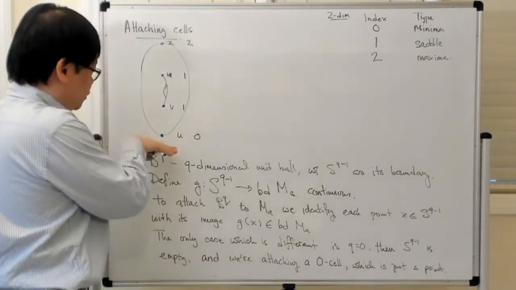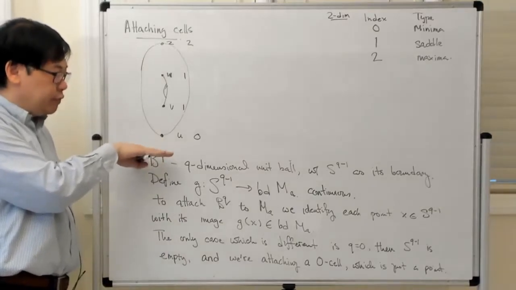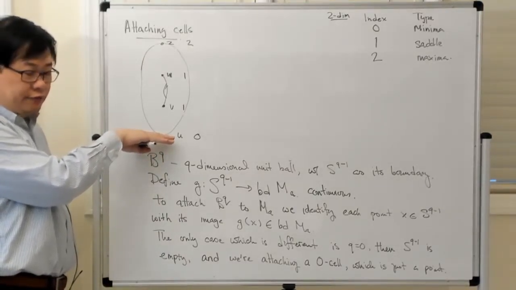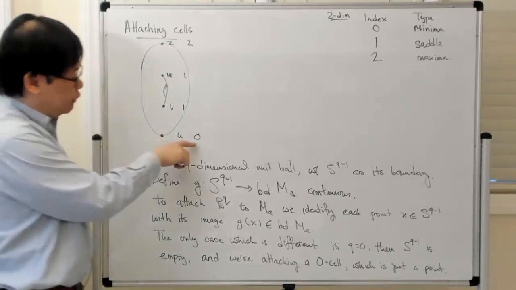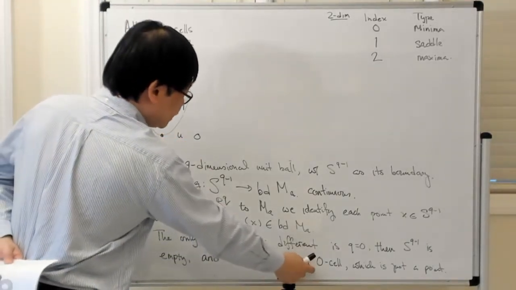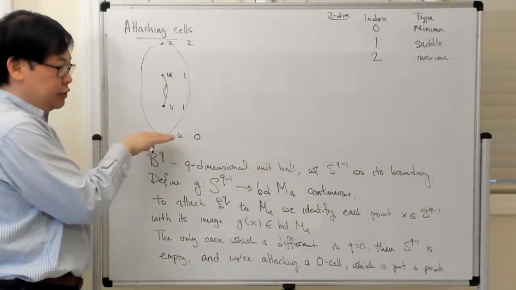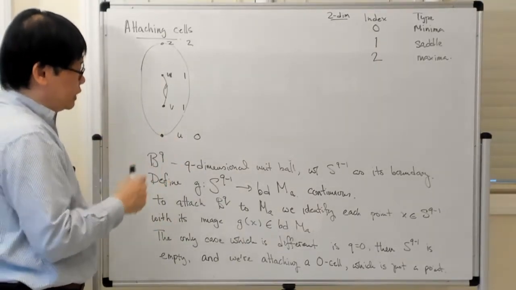So as you go from below until you hit the critical value, f at u, you have index 0, which means you add a point. As you hit this point, you've introduced a point when you had nothing before. That makes sense.